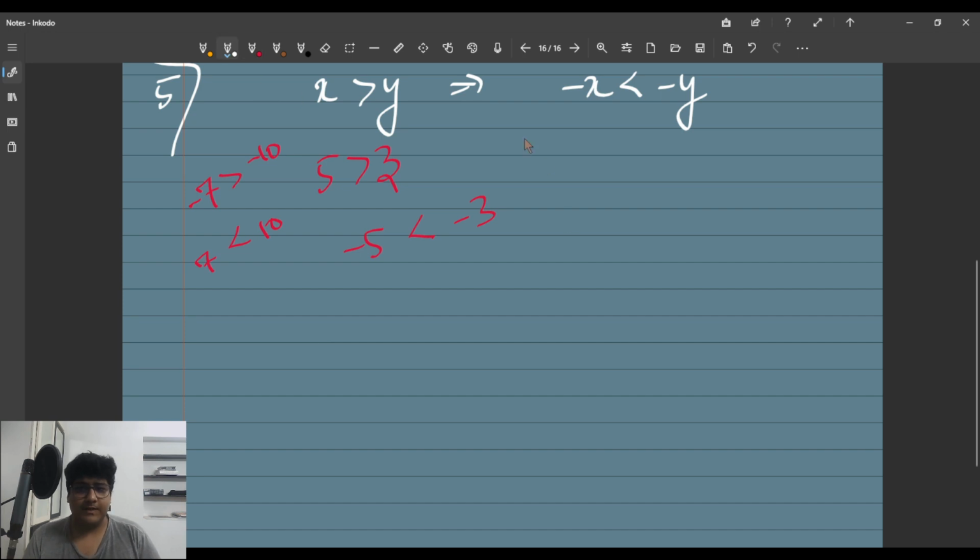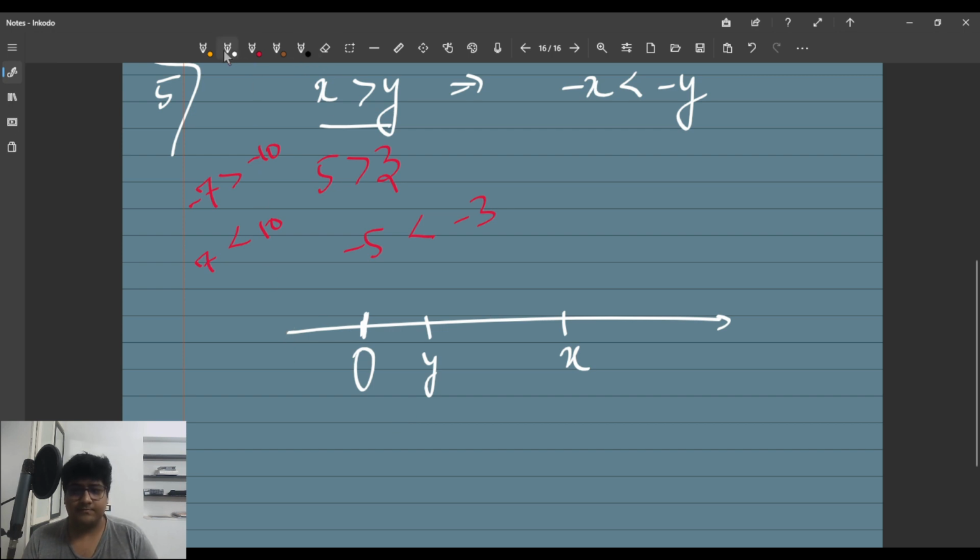Maybe intuitively, if this is a number line, and this is x, then x has to be greater than y, so x has to be on the right side of y. Say that we have 0 here, where these two numbers are positive. Then minus x would definitely be less than minus y, because minus x would be mirrored somewhere here and minus y somewhere here, and minus x is less than minus y.